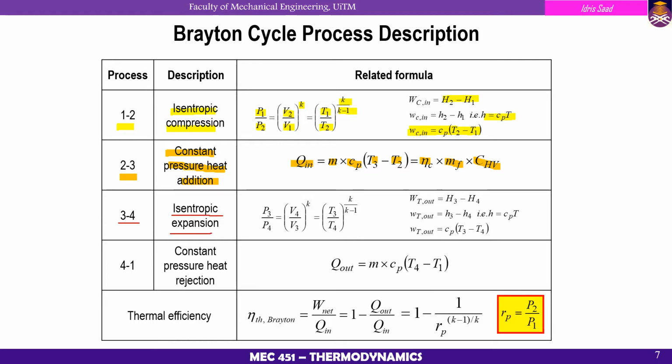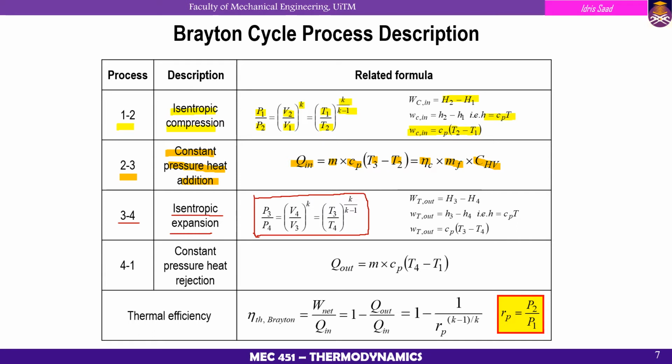So similarly, we can use the relationship of the isentropic expansion as P3 over P4 is equal to V4 over V3 power of k, is equal to T3 over T4 power k over k minus 1.